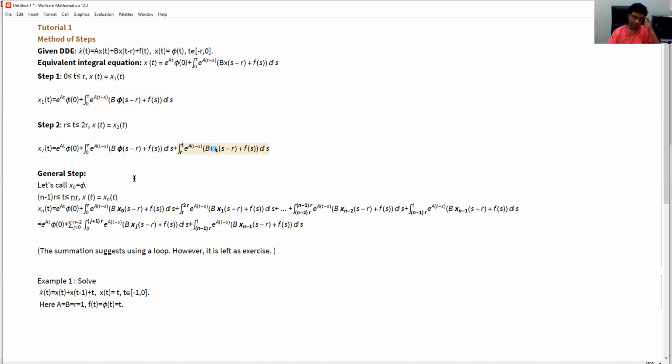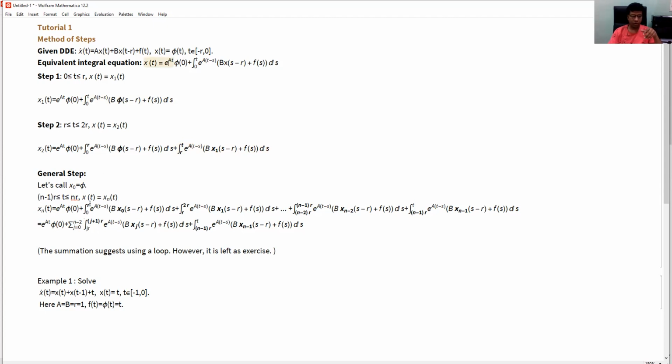So what will be our general step? If we call x naught as phi, then for t in the closed interval (n minus 1) r to nr, our solution will be xn of t, and it is given like this. First term is e raised to at into phi of 0, same as in other steps.